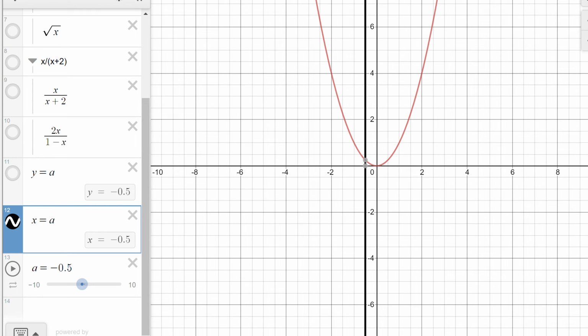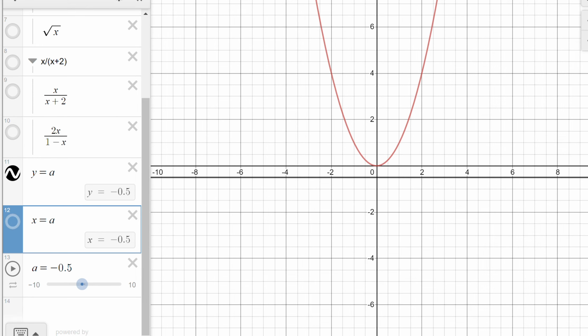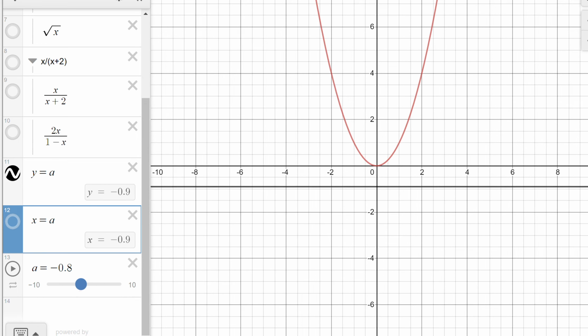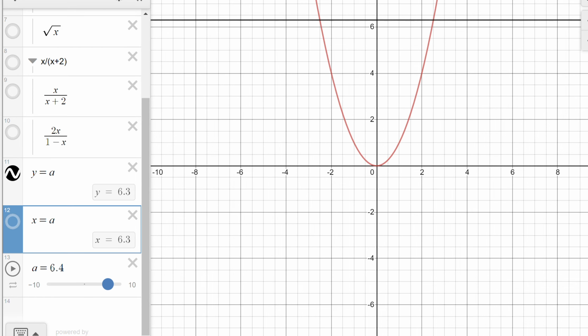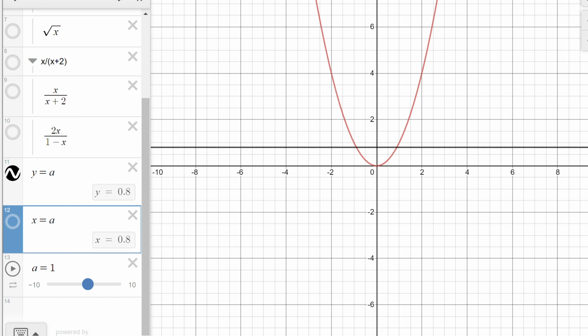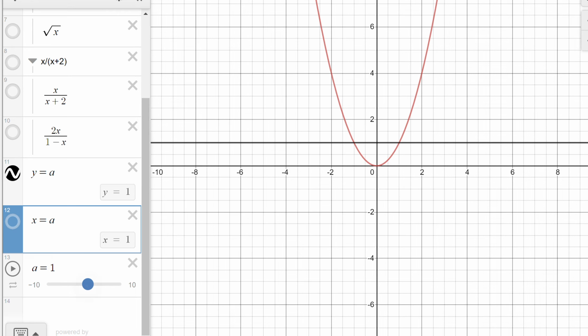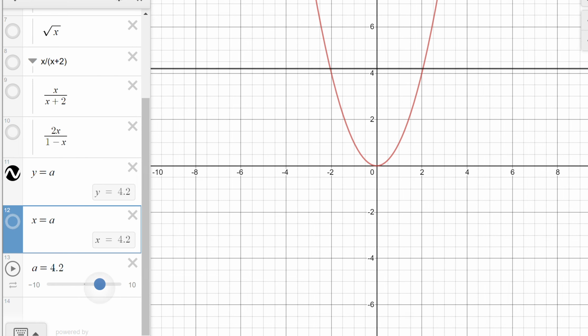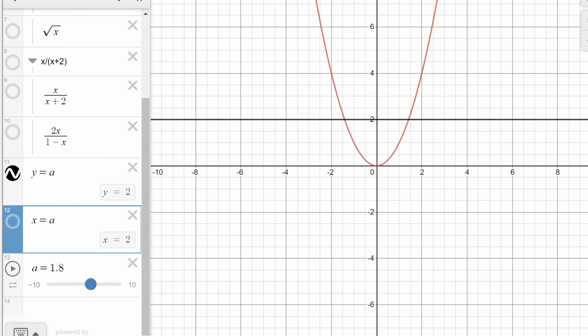Well, similarly, there's something called a horizontal line test. A horizontal line test tests for the other thing. Is there only a single input for every output? Well, here are y values, right? Nope. All throughout the range of this original function, in fact all throughout the domain, we have the situation where we have 2 points of intersection.